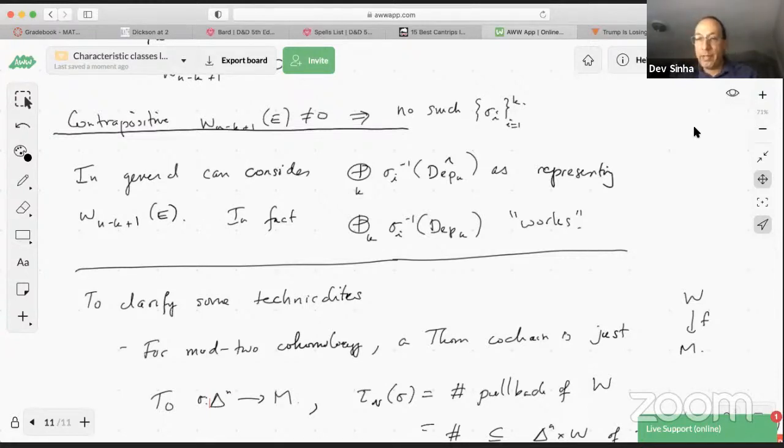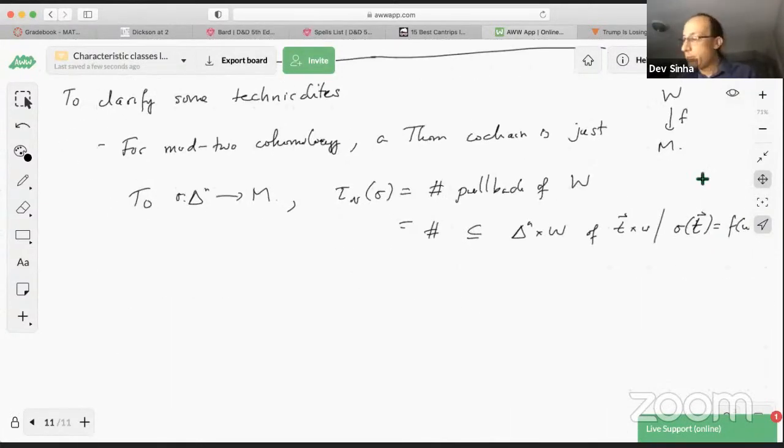Another way to say that, if you're not that versed with pullbacks, I find it helpful to think of that as the sigma cross f preimage of the diagonal. The fact that sigma of T equals f of W means that their images sit on the diagonal.